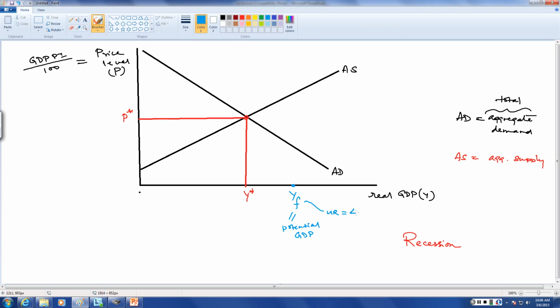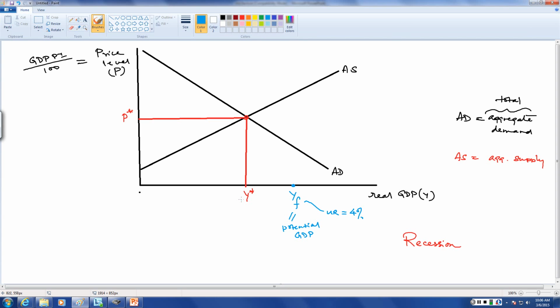About 4%. Correct? Now, this Y star is smaller than YF. It's a smaller level of GDP than YF. Hence, fewer workers are needed to produce it. In other words, employment is going to be lower at Y star than at YF. Lower employment, of course, translates to higher unemployment.